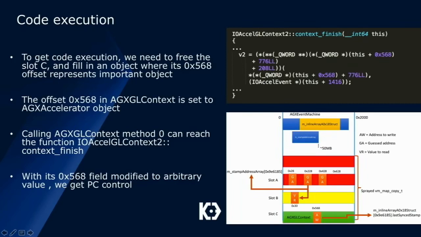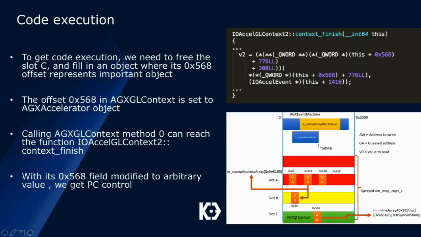By calling that user client's method 0, we can reach the function context finish. And context finish will dereference that object's 0x568 as an AGX accelerator object and use it to call its virtual functions.